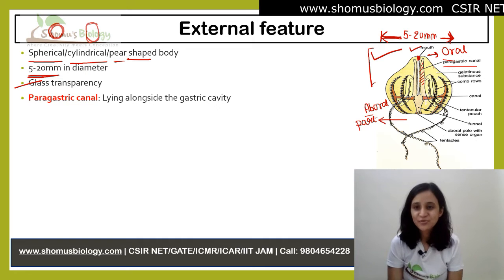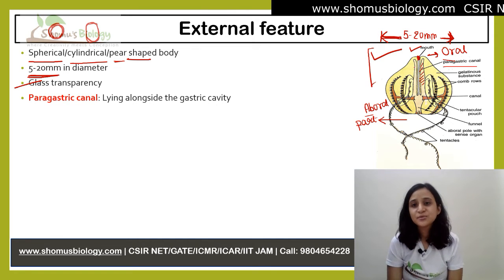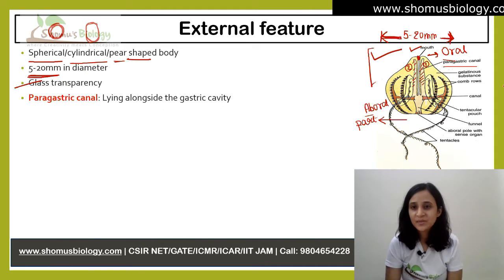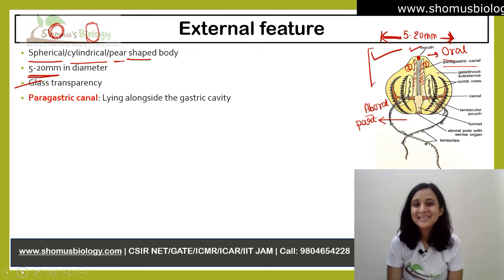They have two such canals in their body: one is this and one is this. I have already mentioned that they secrete some gelatinous substance and that's why they are jelly-like. Here you can see the gelatinous substance in their body.